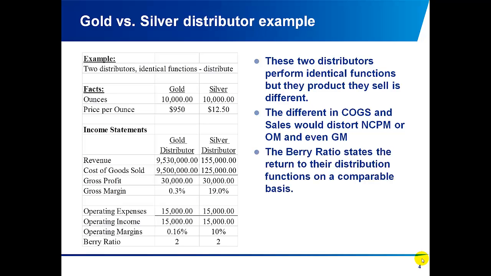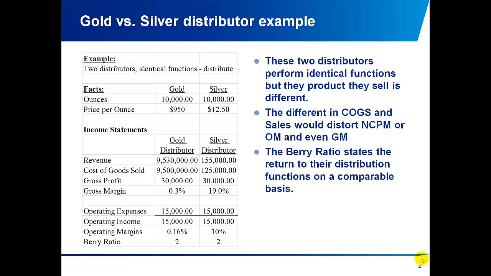As you can see, if we look at the Berry ratio for these two distributors, we'd see that they've got identical Berry ratios because they have the exact same gross profit level of 30,000 divided by the operating expense of 15,000, which calculates to a ratio of 2.